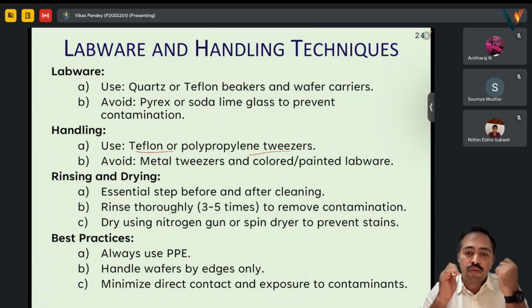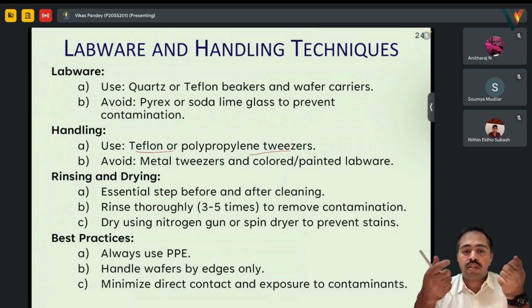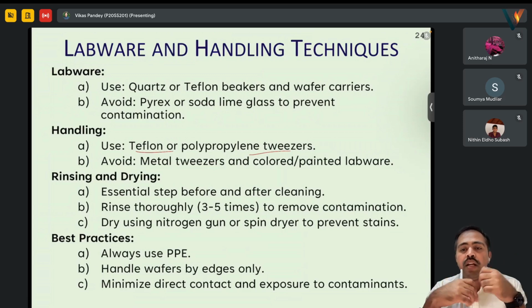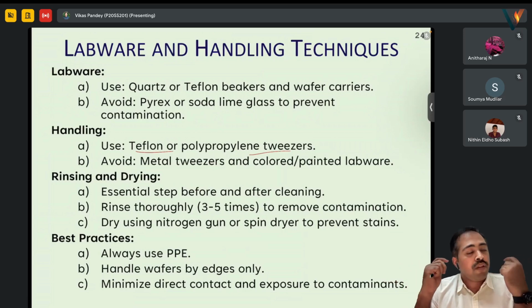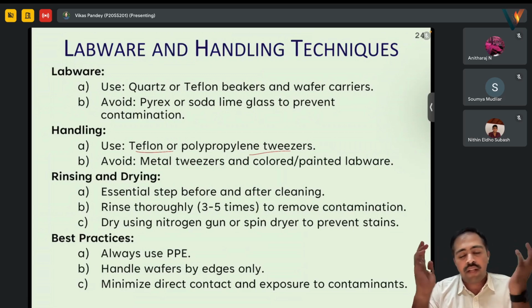Rinse 3 to 5 times, then use the nitrogen gun to spin dry to prevent any stains or marking. Always wear PP kits, everything covered, even the nose.